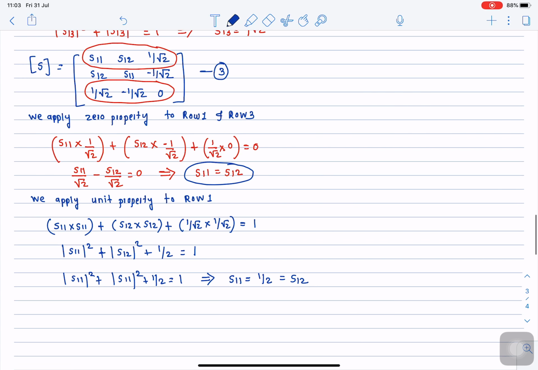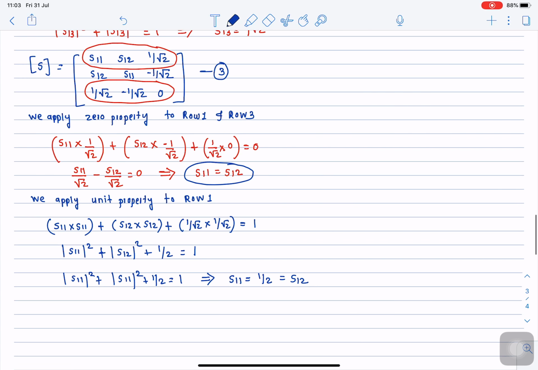what will we get? S11 is 1 by 2, and similarly S12 is also 1 by 2. S13 is already 1 by root 2. Second row, S12 is 1 by 2, S11 is again 1 by 2.